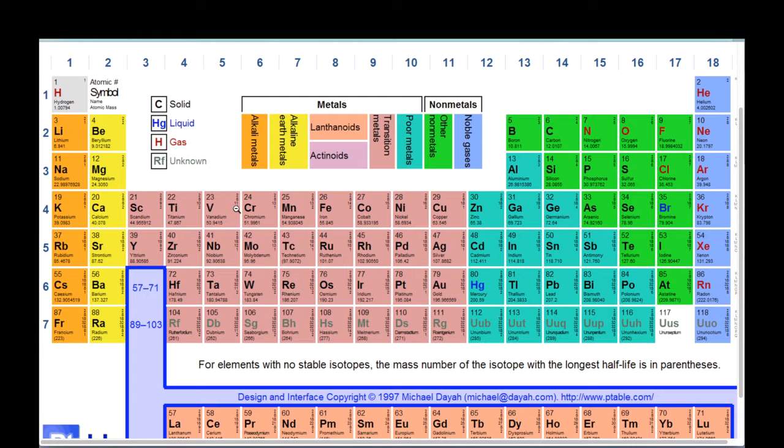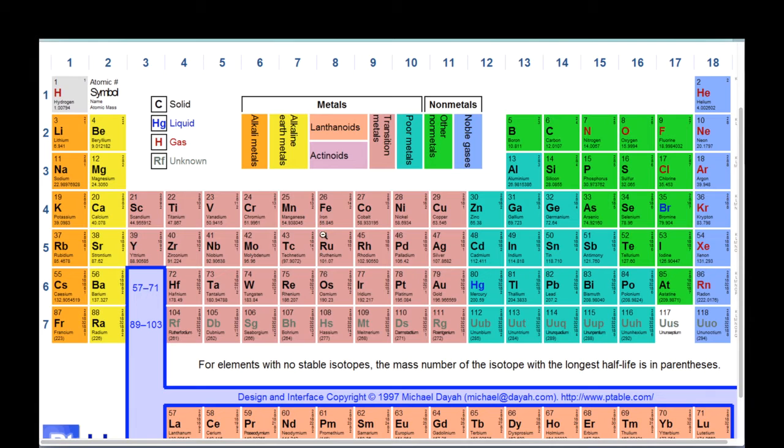These guys are tricky. So it would be 3d1. This does a drop down to the third period. It would be 3d1, 3d2, 3d3, 3d4, 3d5, 3d6, 3d7, 3d8, 3d9, 3d10. Then it goes back to the fourth period. So it would be 4p1 through 4p6.